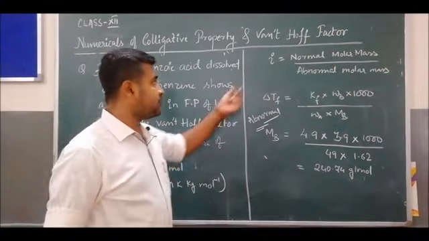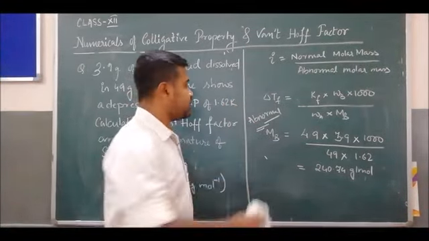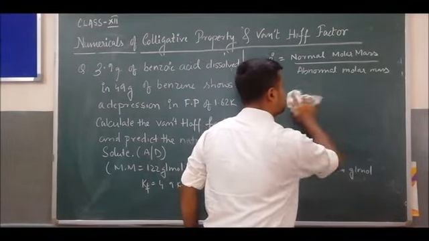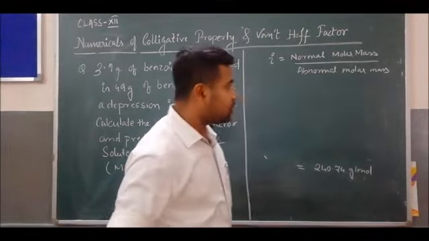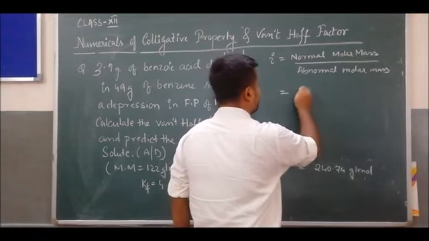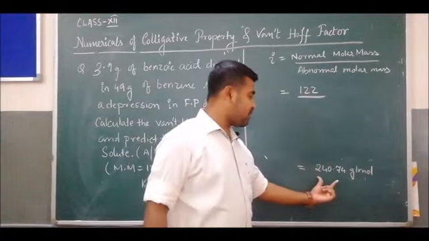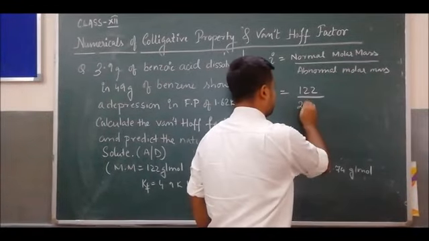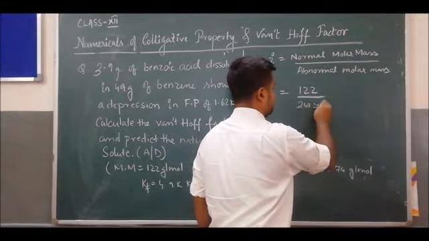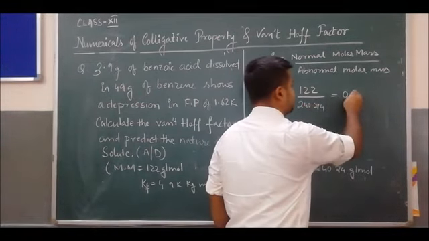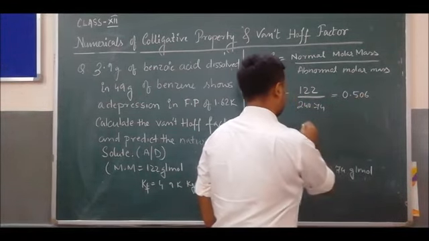Normal molar mass is 122 gram per mole, and the abnormal molar mass we have found is 240.74. When we solve this, we get 0.506. That is the value of I.